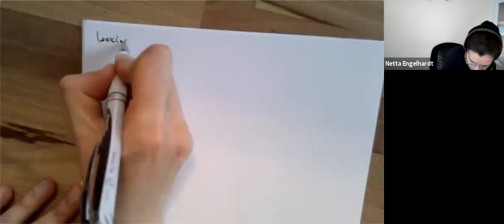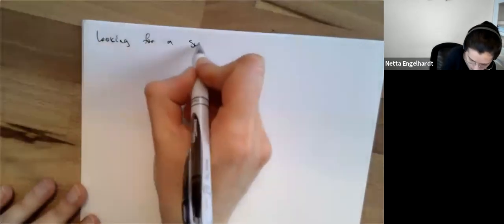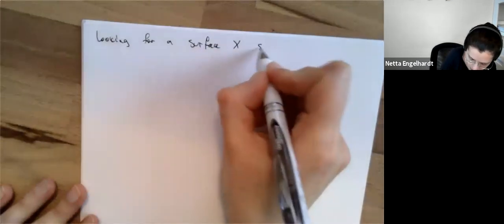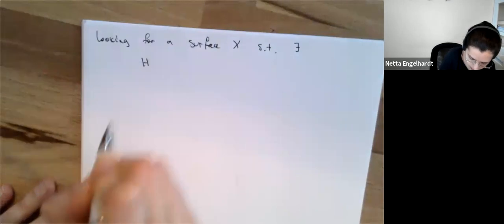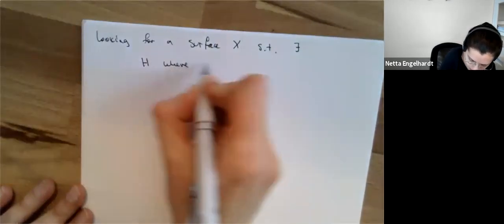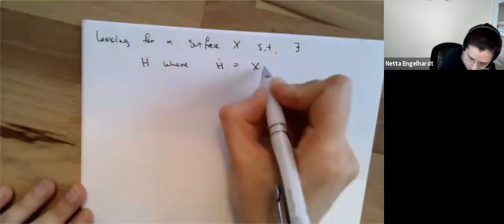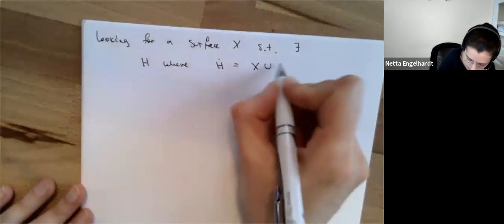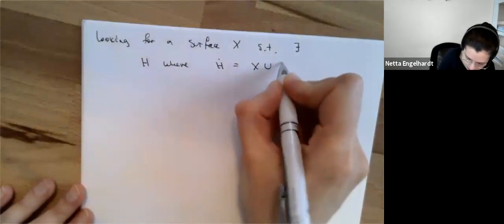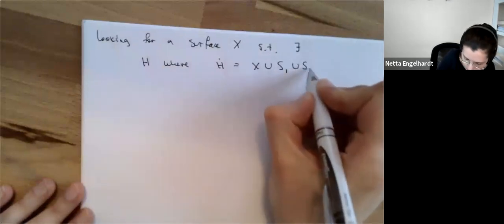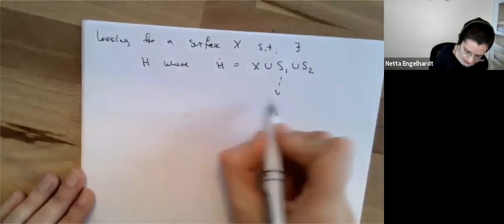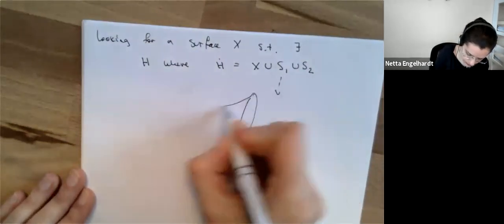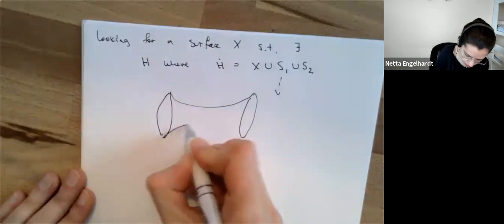So we are looking for a surface X such that there exists a hypersurface H where the boundary of H is given by X union S1 union S2, where this is the static Cauchy slice.